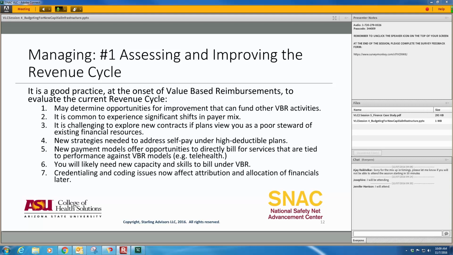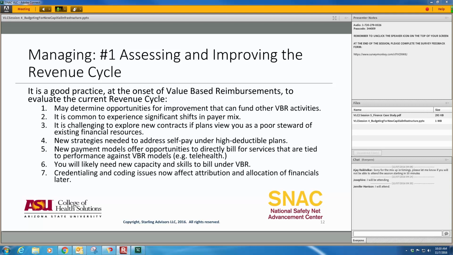So if the organization is not good at drawing down money based on existing contracts, if your organization has somewhat of a challenge in terms of things like very high denial rates or late claim submissions, in those cases, it can be really detrimental to asking for additional resources. So making yourself as good a partner to your payers is certainly a strategy that actually helps smooth out those negotiations and those discussions.